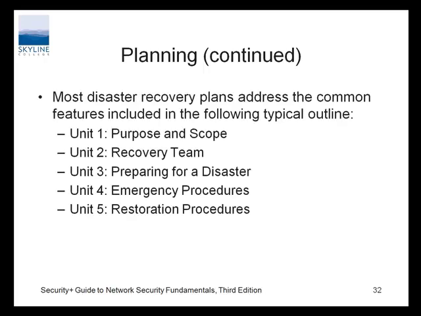Unit 1, let's say the disaster, and these are just the units, chapters, whatever: the purpose and scope, the recovery team, preparing for disaster, emergency responses, restoration procedures. And one of the points that they make in this book, and it's a good point, is that in Katrina, most of those companies found out how ill-prepared they really were, not just from not having the data, but telephones didn't work.